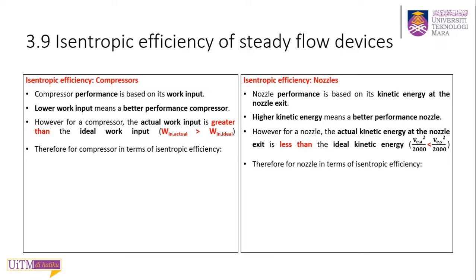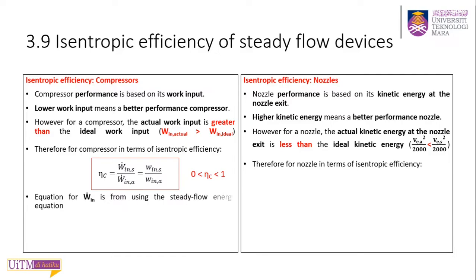Therefore, in terms of isentropic efficiency, the isentropic efficiency for a compressor can be written as follows. The term for work input in the equation for ideal and actual condition is obtained by using the SFEE, steady flow energy equation.